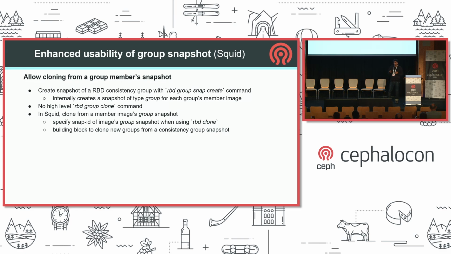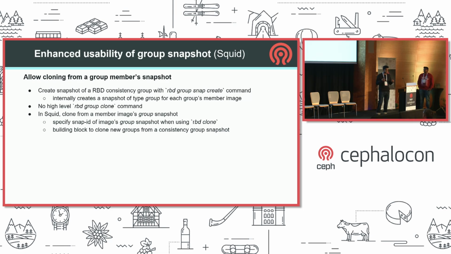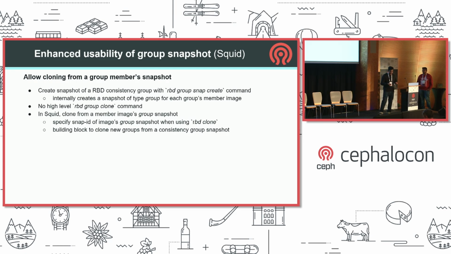Instead, in the Squid release, what we have is the ability to clone from these individual member snapshots, and then you need to manually create an RBD group clone from these individual member snapshots. It's not the most ideal way of doing things, but it's what we have. And we also had someone on the user mailing list asking for some way to make use of the group snapshot, clone it. So this is a step towards that.